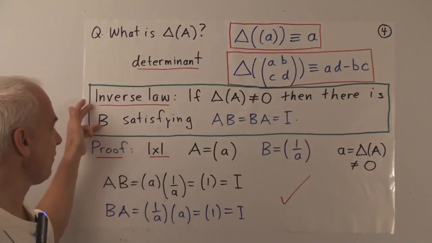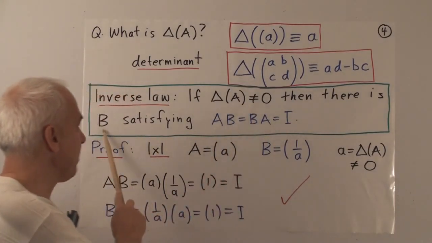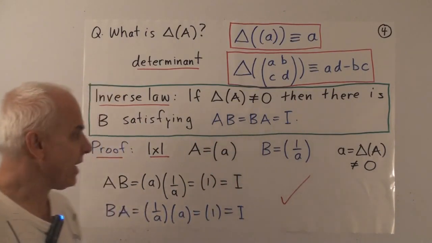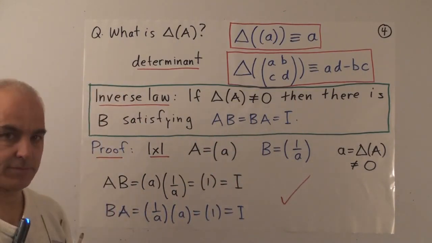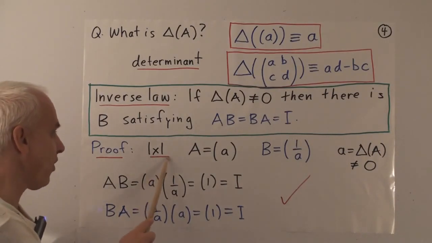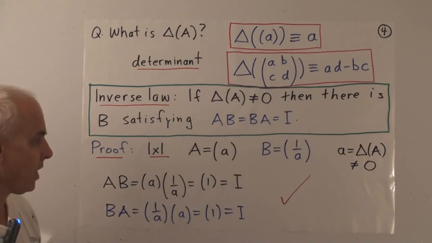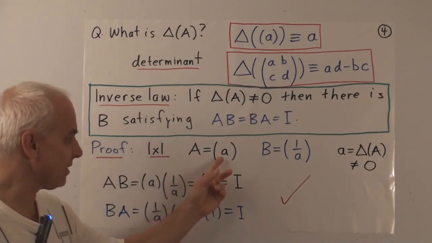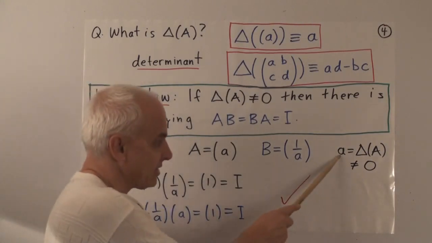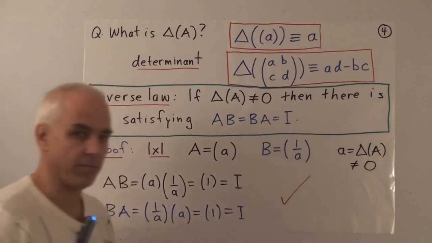So here is again that inverse law: if the determinant is not equal to 0, then there's a matrix B satisfying AB equals BA equals the identity. Let us prove this and see why this law is valid. First of all, in the 1 by 1 case, where things are relatively simple, suppose A is the matrix with entry A. Here the determinant of A is the number A, and suppose that it's not equal to 0.